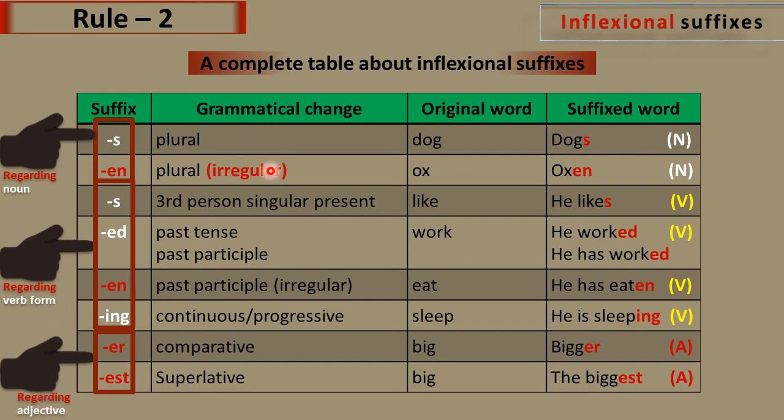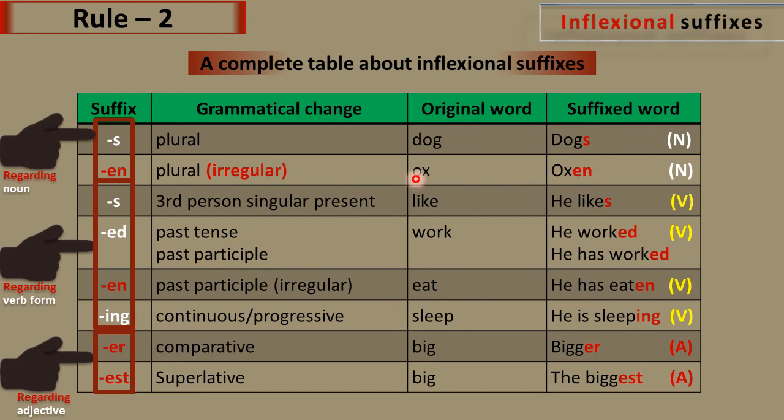Let us try to understand the red colored inflectional suffixes only. Coming to the first one, en, it is about nouns, and here we have been given one example word, oxen, which is from ox plus en. Ox is the root word and the suffix is en. By adding en to the root word ox, you can form oxen.